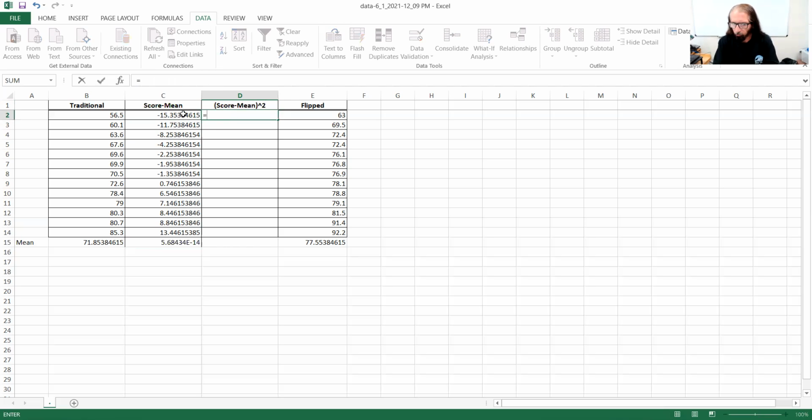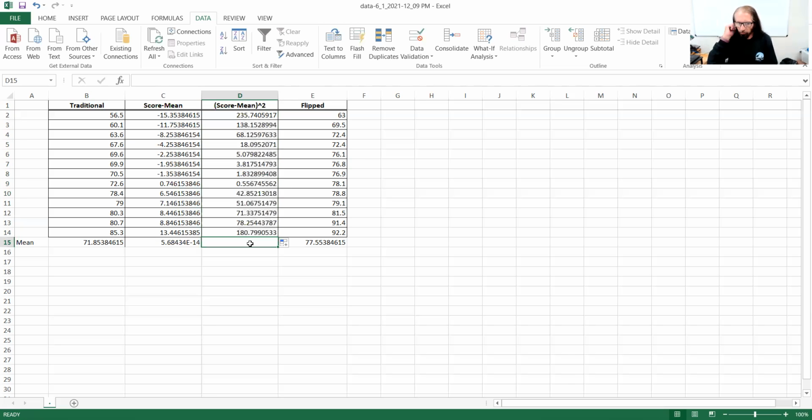Then we're supposed to take those things and square them. So square each of those. Again, although this is going faster because of presentation, we want the sum of those score minus mean squared. We're getting 895.7 something.